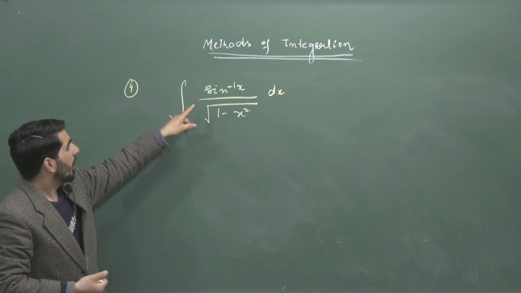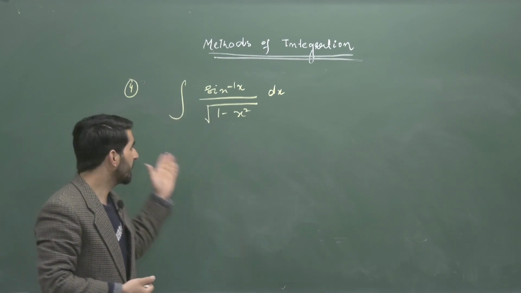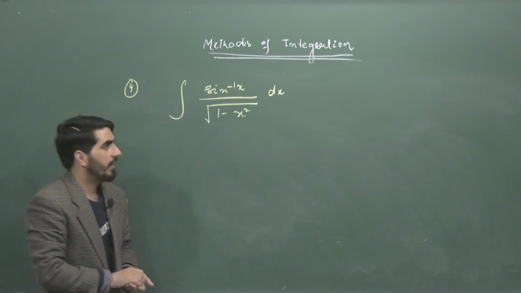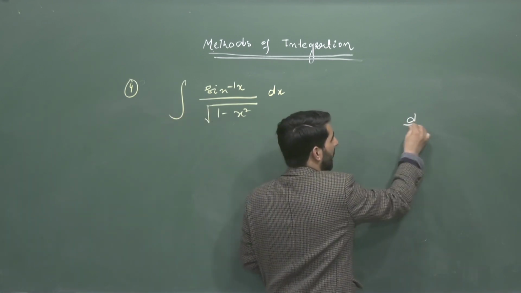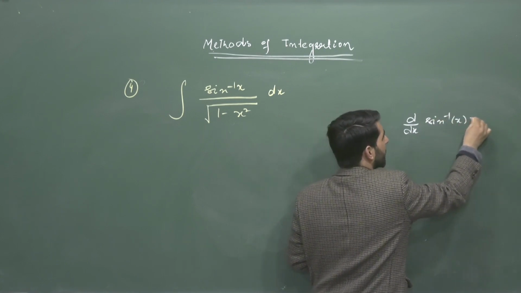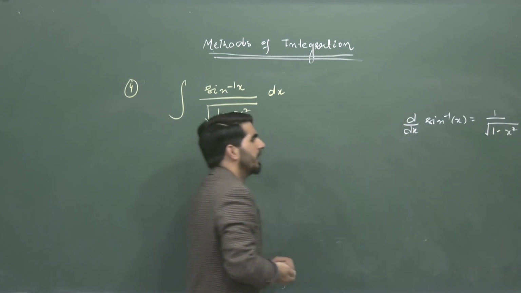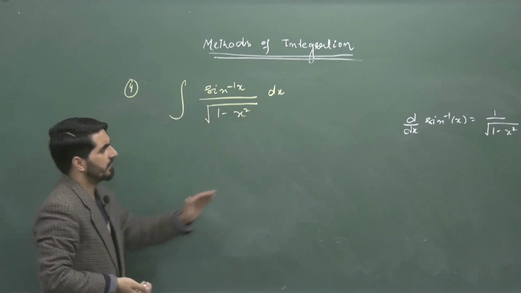Here we will put sin inverse of x is equal to t, because we know that the differentiation of sin inverse of x is 1 divided by square root of 1 minus x square. So it is a better option for us.